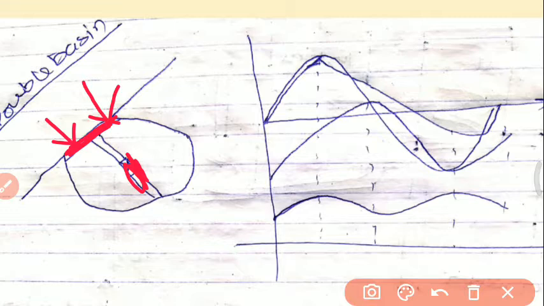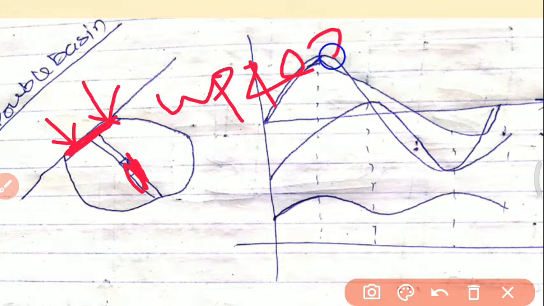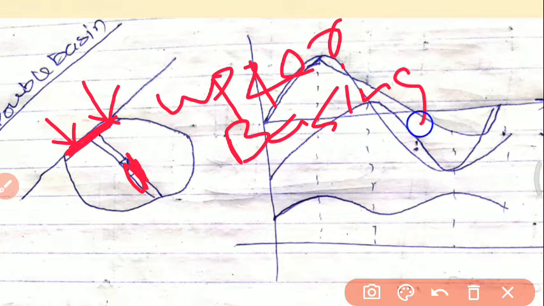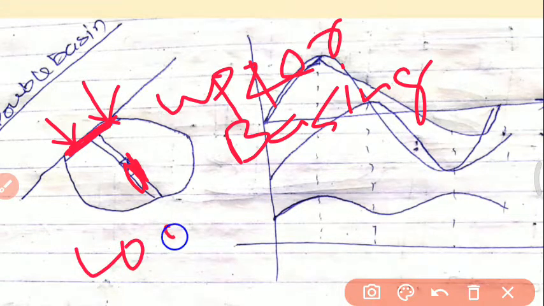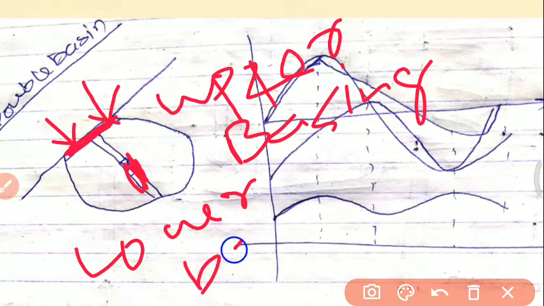There is a partition in the basin. One is called upper basin and other one is called lower basin, because the water level at the upper basin is maintained at a high level, whereas in the lower basin the water level is maintained at relatively low level.